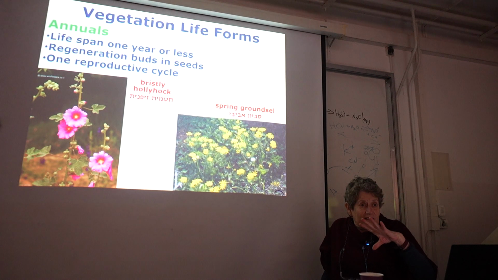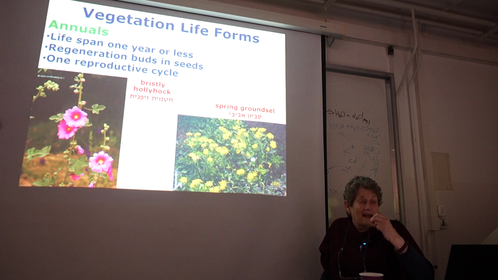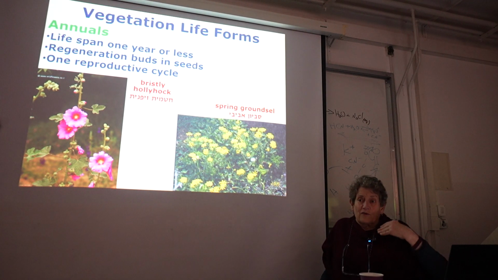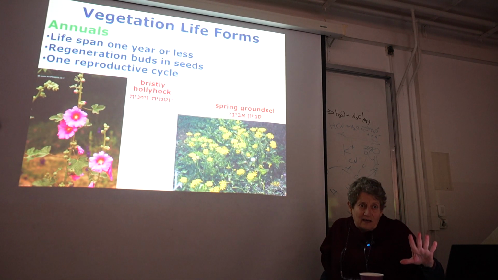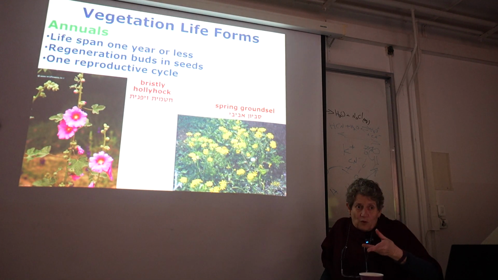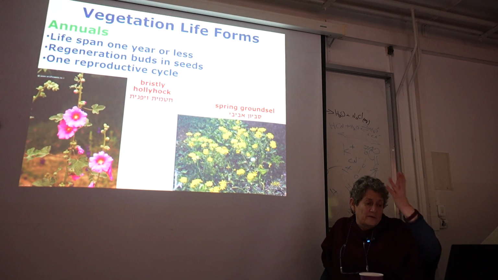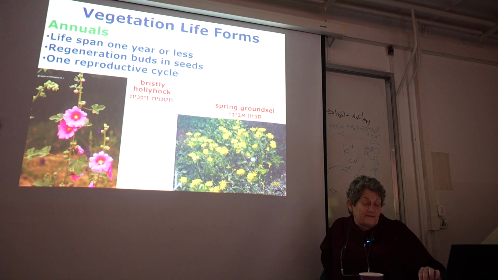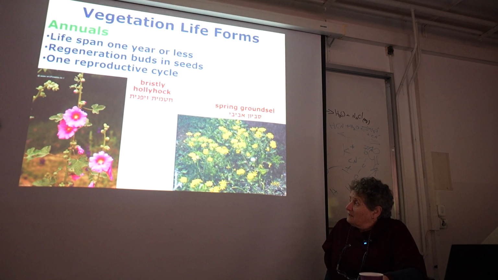For example, in the desert, we have plants that keep their seeds over the entire summer, and the seeds only germinate if it rains enough. If it doesn't rain enough, the seeds will go through a dry winter, which happens quite often in the desert, and germinate only when there is sufficient rain. So these are the annuals.